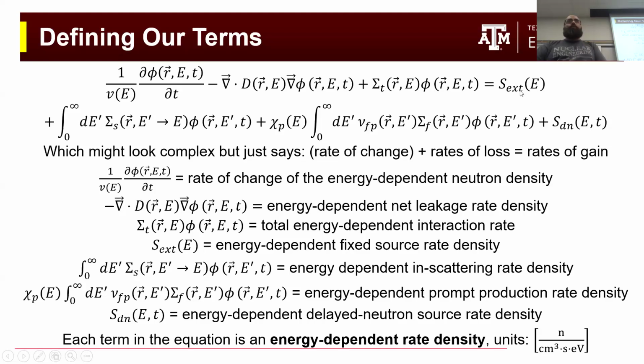I might have an external source term, like from californium-252 or some other nuclide that does spontaneous fission in my reactor. I have an in-scattering rate density term. I now have a prompt fission production term, and I have a delayed fission production term. All of these are energy-dependent rate densities, so every term in this equation has units of neutrons per unit volume, per unit time, and per unit energy. So ultimately, we are trying to figure out what this delayed neutron source term looks like.